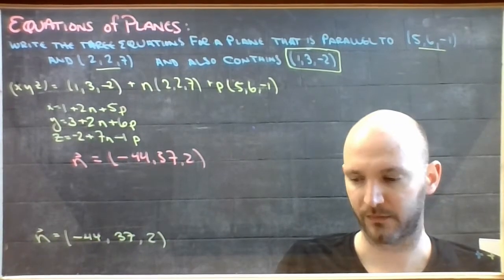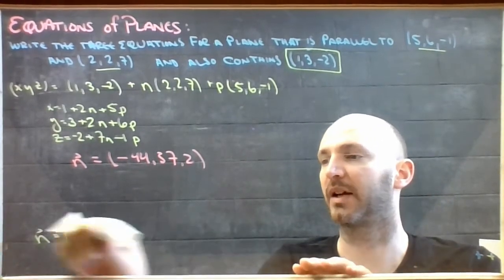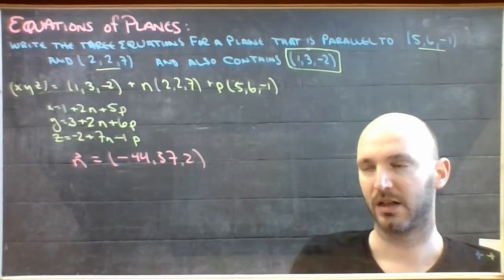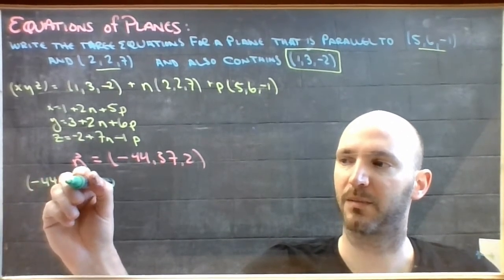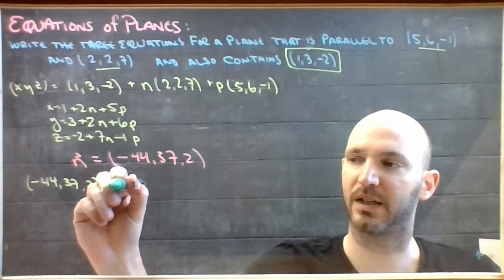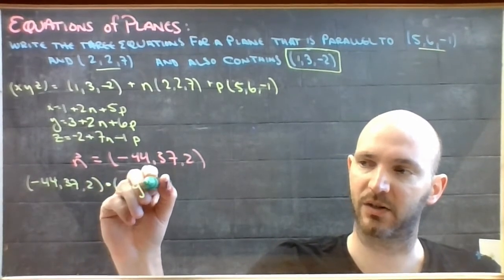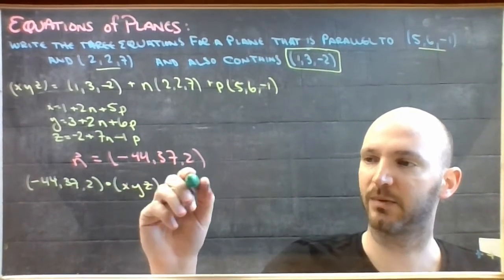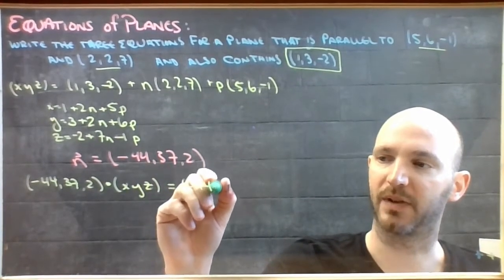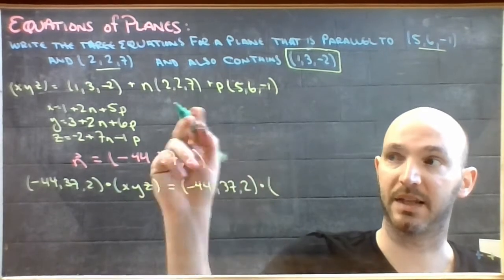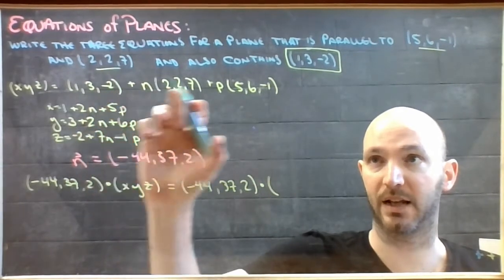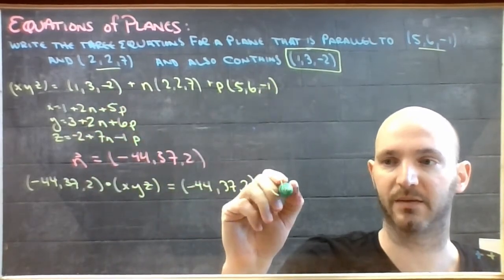So to do my Cartesian equation, I'm going to have to take that normal vector, negative 44, comma 37, comma 2, and dot product it with the generic coordinates and set it equal to the normal vector dotted with the specific coordinates that I'm trying to get to, which is 1, comma 3, comma negative 2.